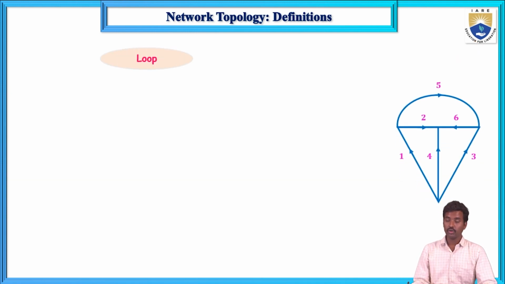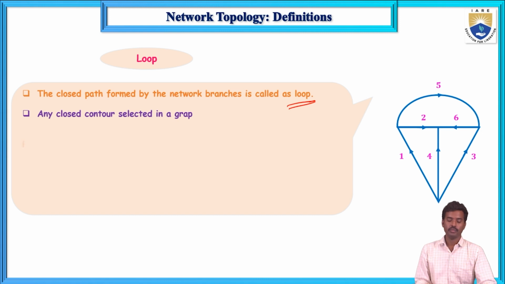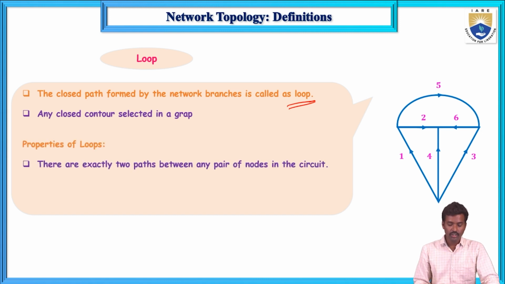Next, loop. Loop means closed path. See the definition: a closed path formed by network branches is called a loop. This is important. Now, the properties of loop. There are exactly 2 paths between any pair of nodes in the circuit.